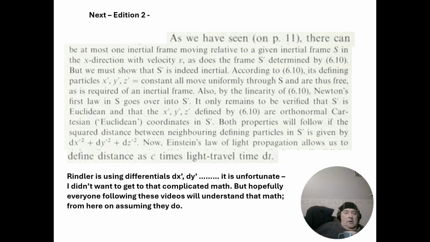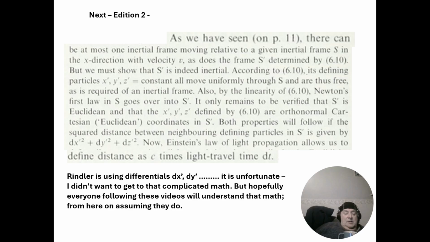And so carrying on with edition 2 of the book, it's going to say all this about how you're connecting a frame S with a frame S prime, and it's using coordinates such as x prime, y prime and z prime.